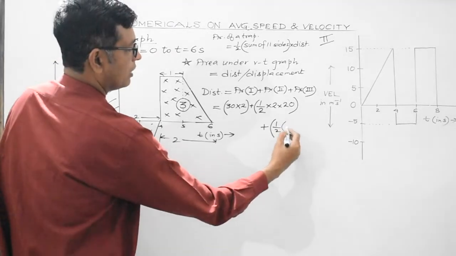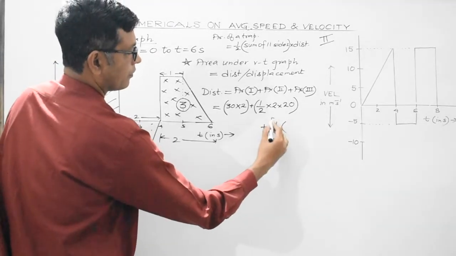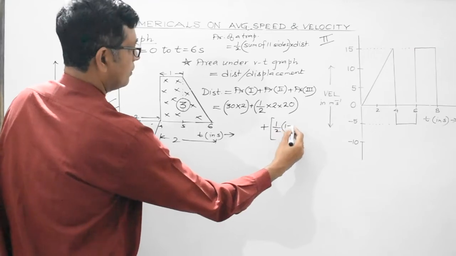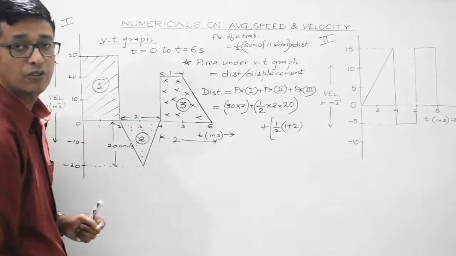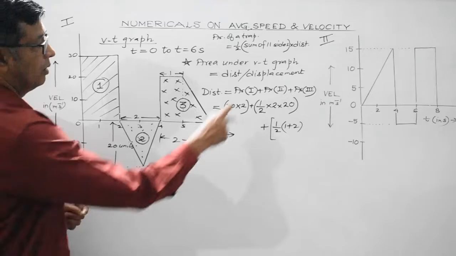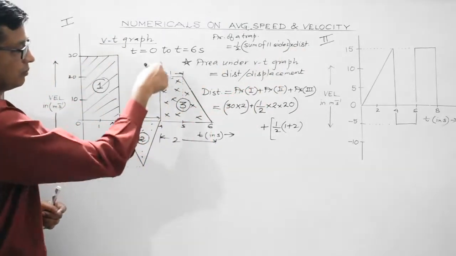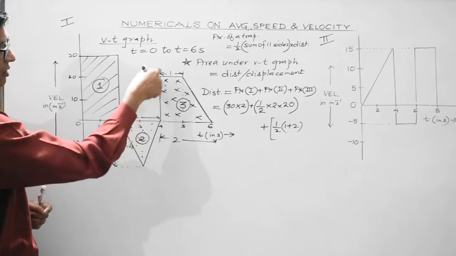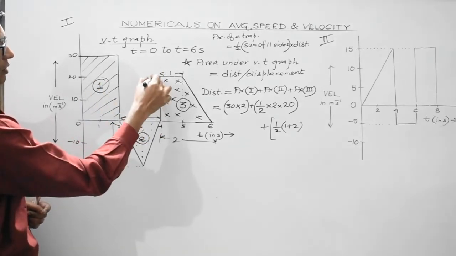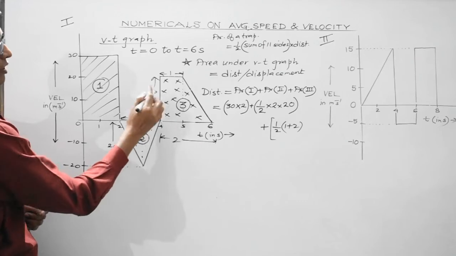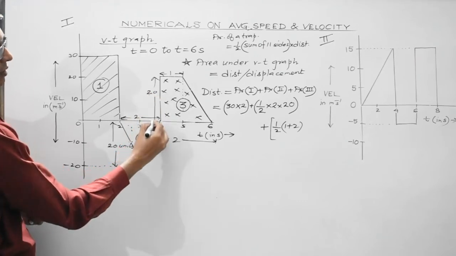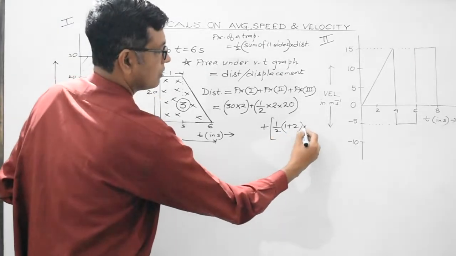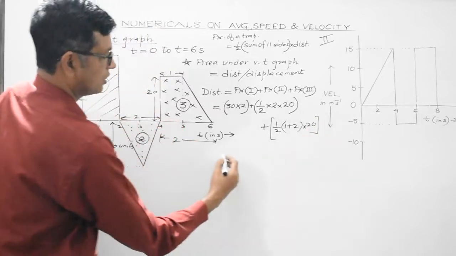So it will be half into 1 plus 2. This is the sum of the two parallel sides, multiplied by the distance between them. So what's the distance between them? It is 20 units. So let's solve it.